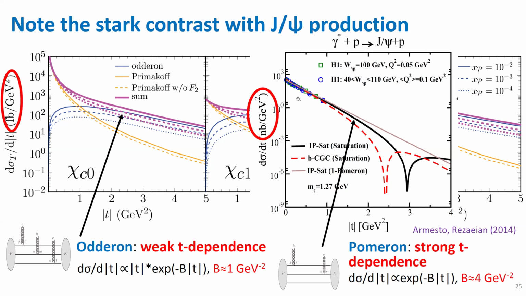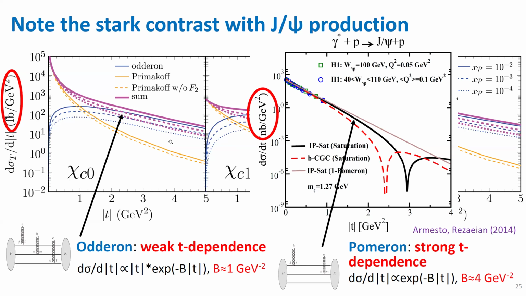So the J/psi has a very strong t dependence that is controlled by this slope parameter, which is basically coming from the size of your target. However, if you make a similar parameterization for the Odderon, then this slope parameter is actually a factor of 4 smaller than in the case of the Pomeron that controls the J/psi.